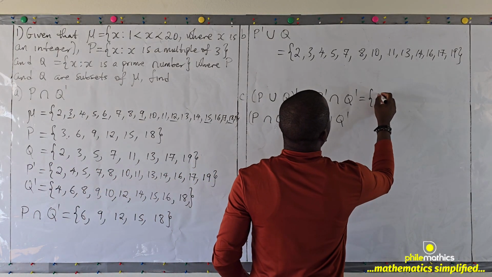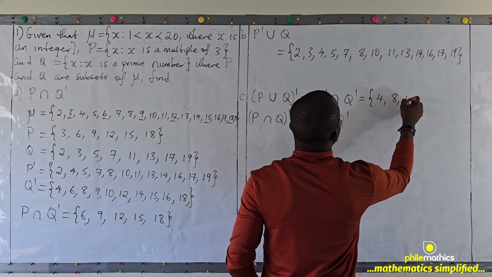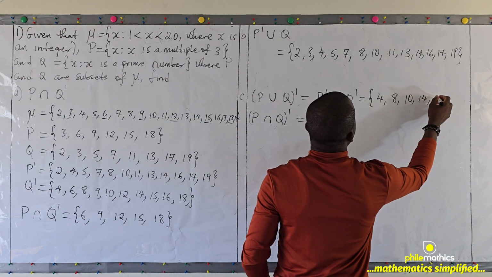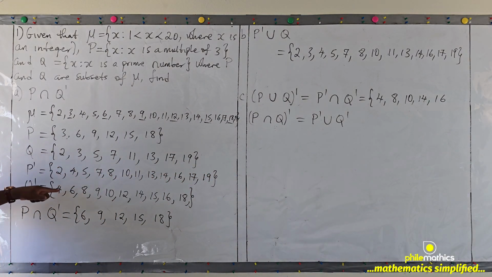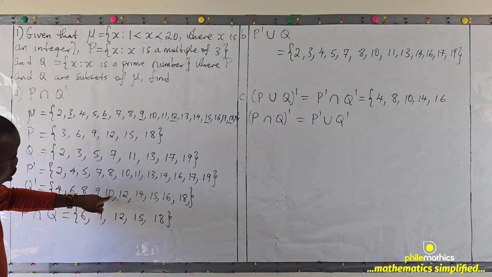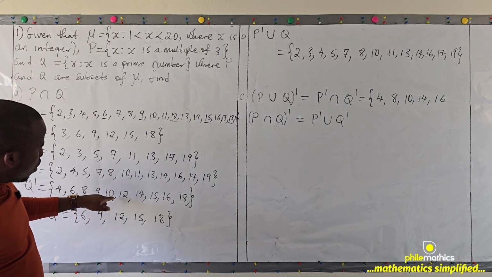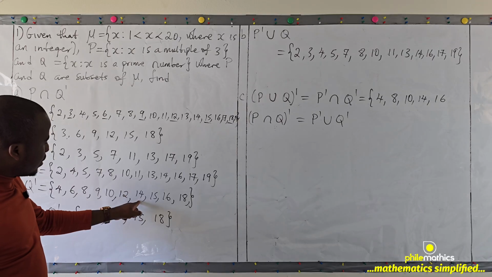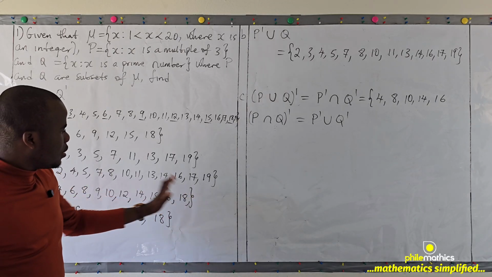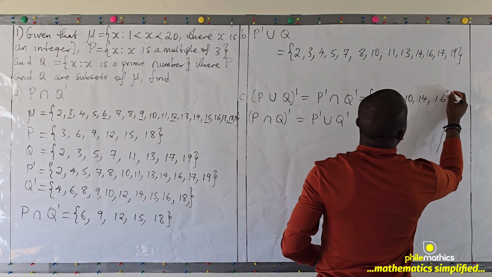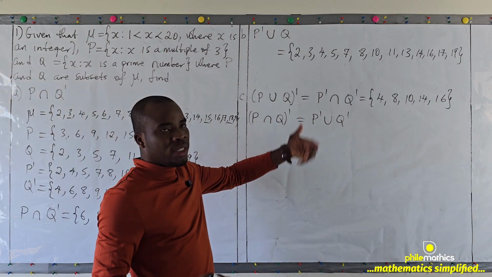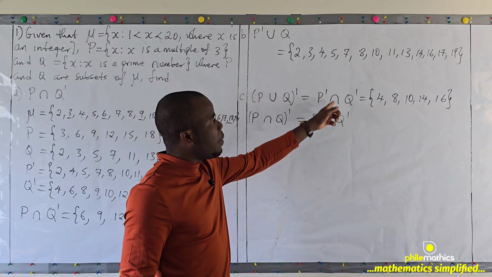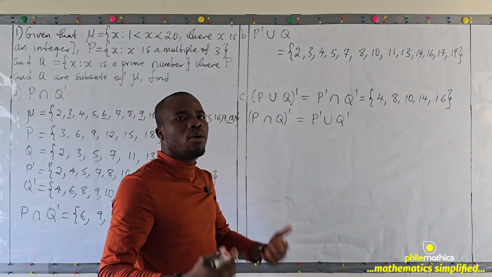So 4, 8, 10, 14, 16. That's all. So these are p union q all prime, which is equivalent to p prime intersection q prime by De Morgan's law.